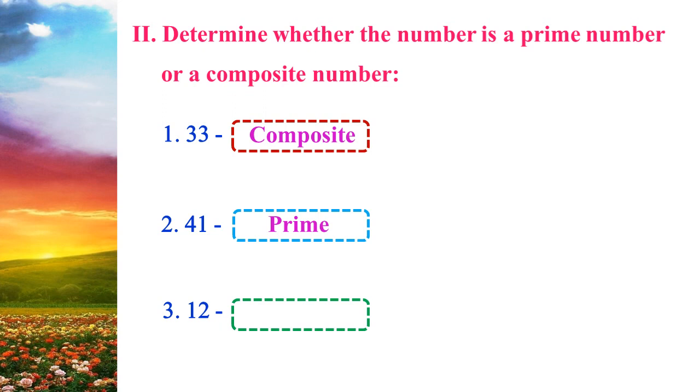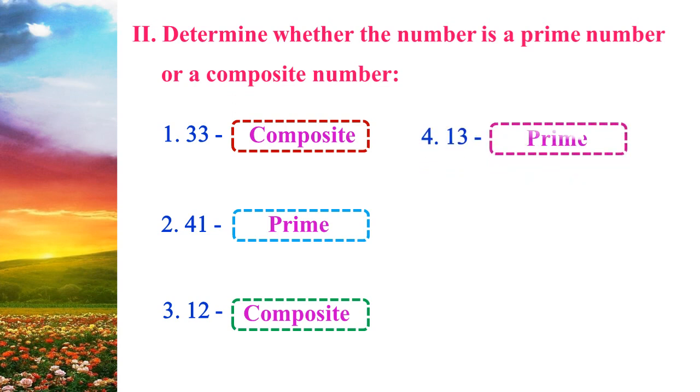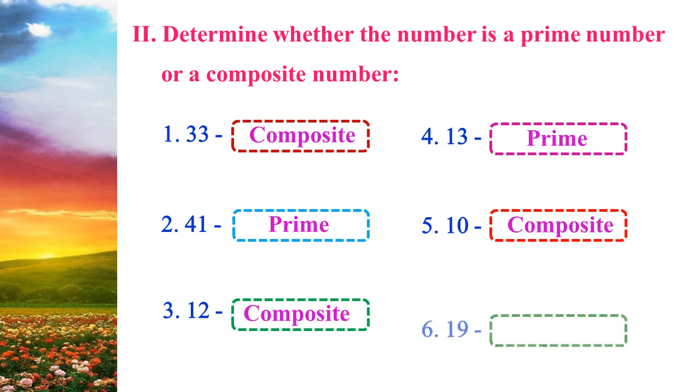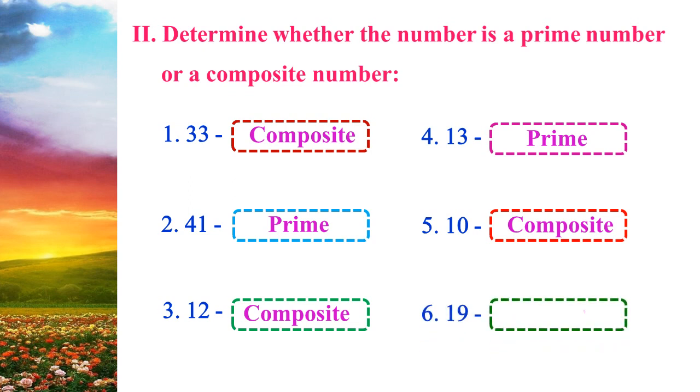Third one 12. 12 is a composite number. Fourth one 13. 13 is a prime number. Fifth one 10. Composite number. Sixth one 19. Prime number.